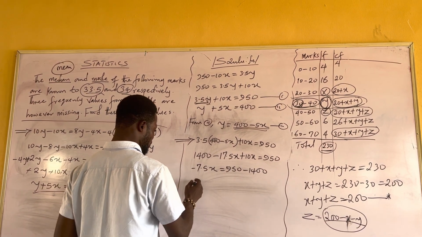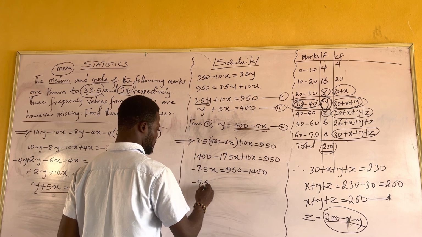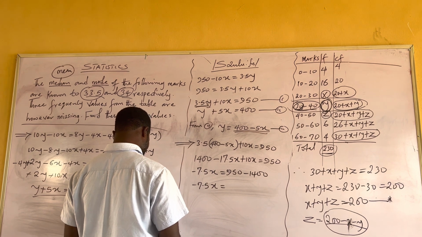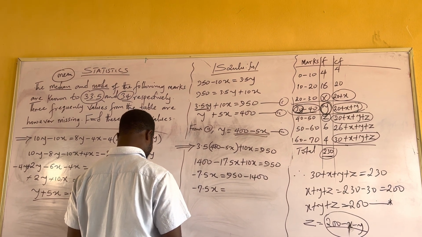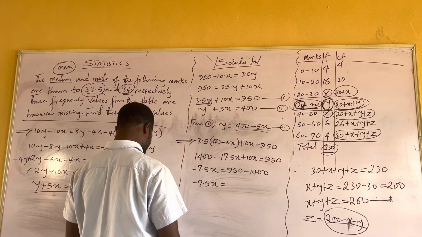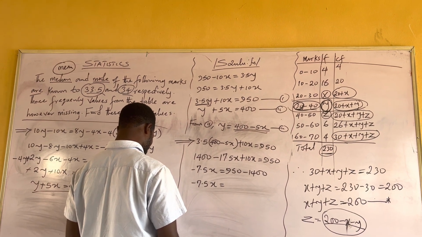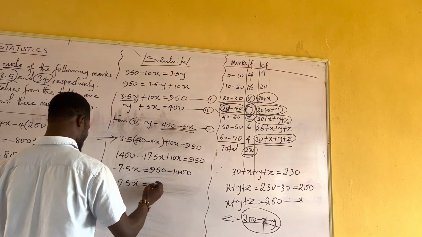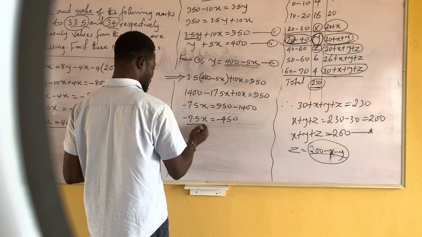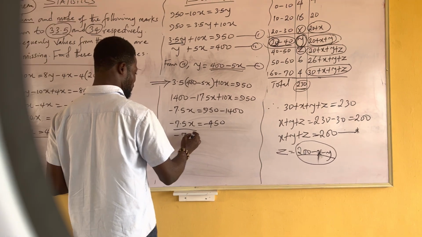So this one will give you minus 7.5x equal to, by the time you subtract 1400 from 950, it will be negative 450. So let's divide everything by minus 7.5.